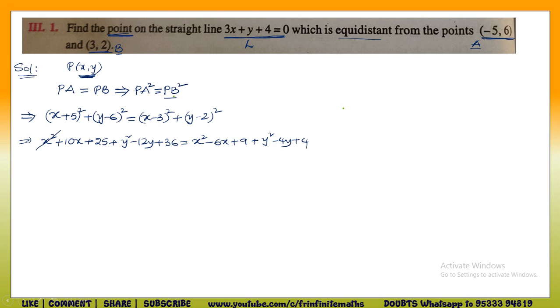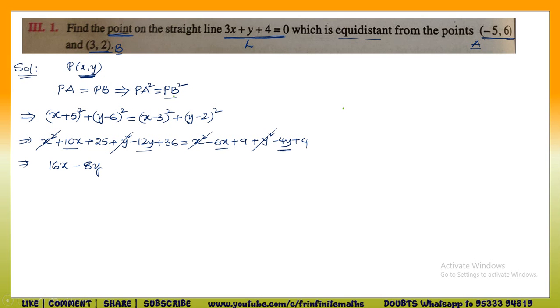If you observe, we have x square and y square on both sides, so I can cancel them out. Now transposing the terms, here I have 10x and here minus 6x. When I transpose, it becomes 16x. The same way, we have minus 12y minus 4y. When I transpose minus 4y, it becomes plus 4y, which gives minus 12 plus 4, that is minus 8y.